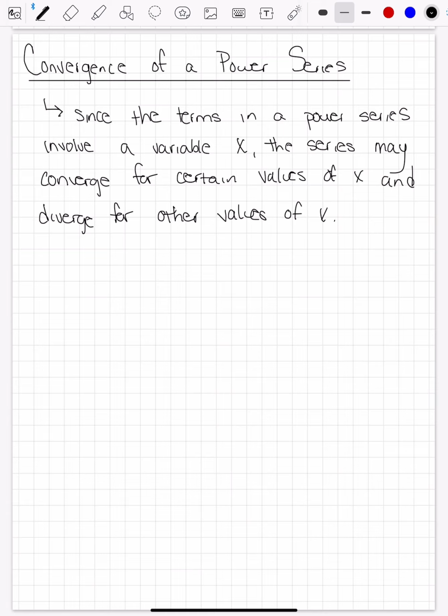Alright, so let's talk about the three cases that you can get for convergence of a power series.